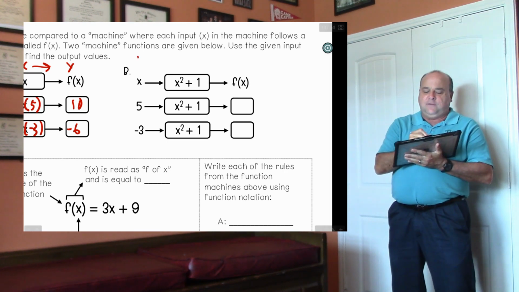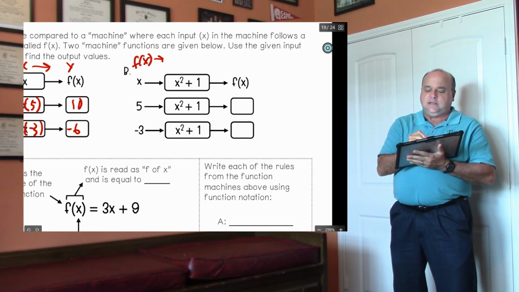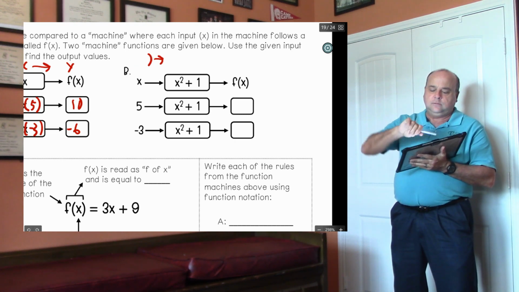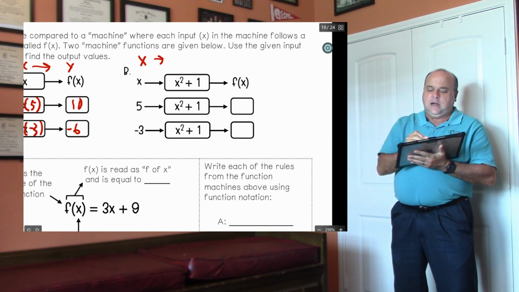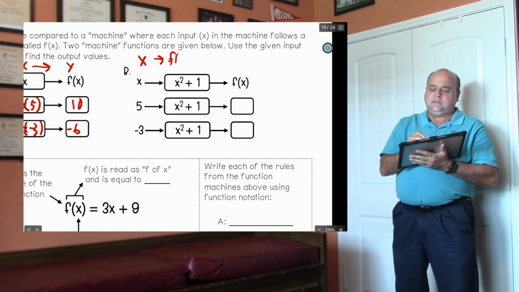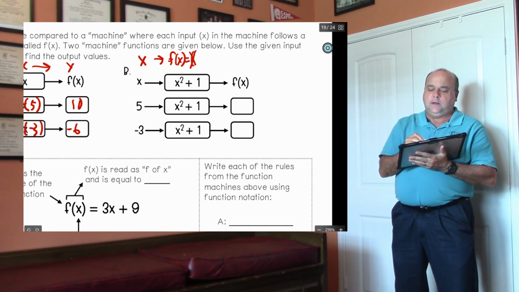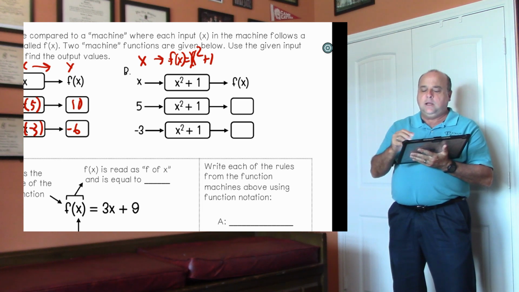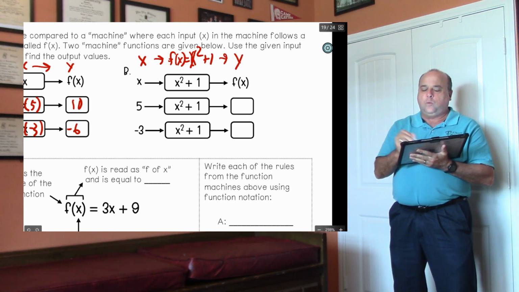So we have f of x equals x squared plus 1. Okay, so our function is x squared plus 1, and it's going to equal our y.